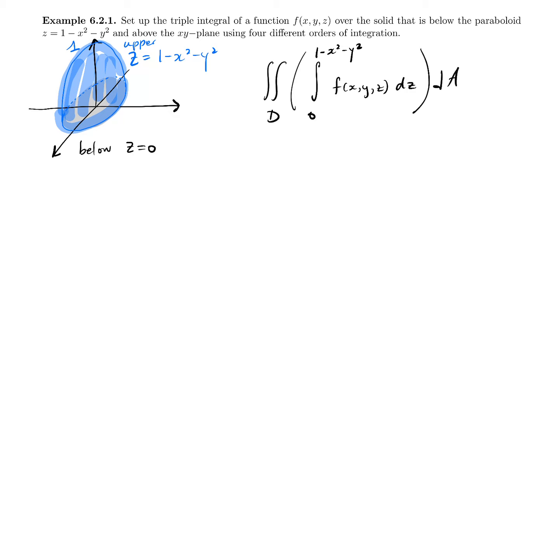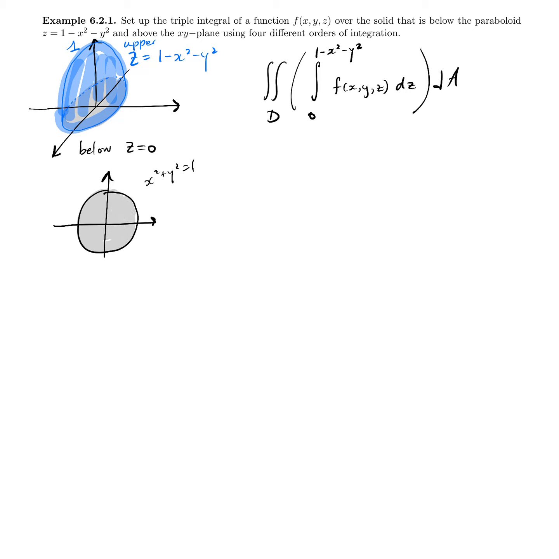In fact, I've shaded exactly that down there. That is going to be the circle where z equals 0. If z is equal to 0, we've got the circle x squared plus y squared equals 1. There's our circle. That's our region D here.